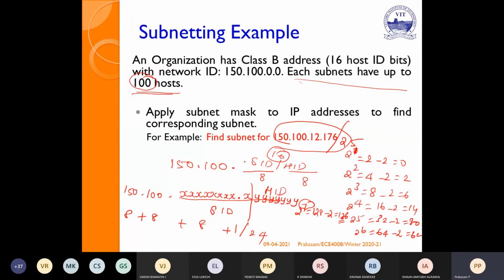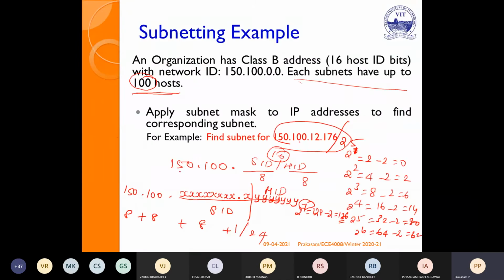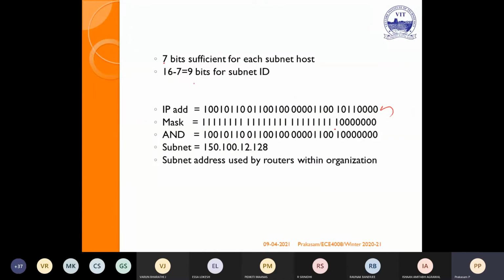So the given IP address is 150.100.12.176. The mask, I told you, is 25 bits: 8, 8, 8, 1. So the 25 ones, how will you find the subnet?